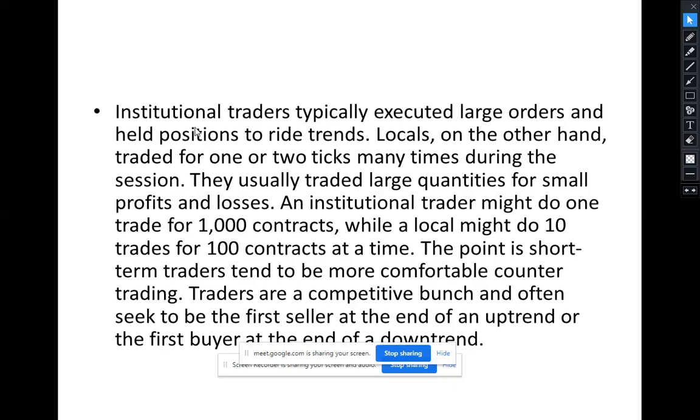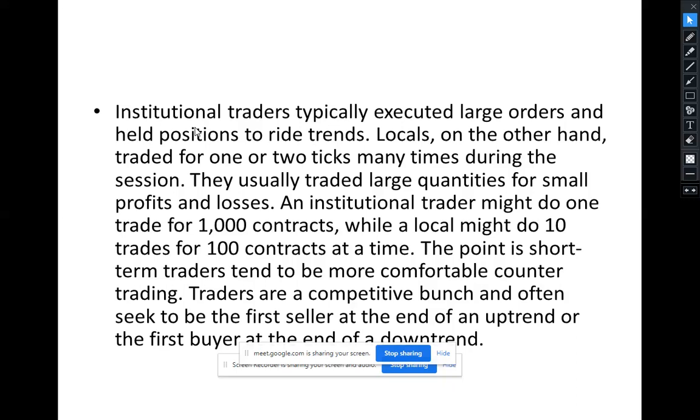You can see the difference. The institutional trader puts in big money, a large quantity, in one trade, while the local does 10 trades of just 100 contracts at a time. So the point is short term traders tend to be more comfortable counter trading.